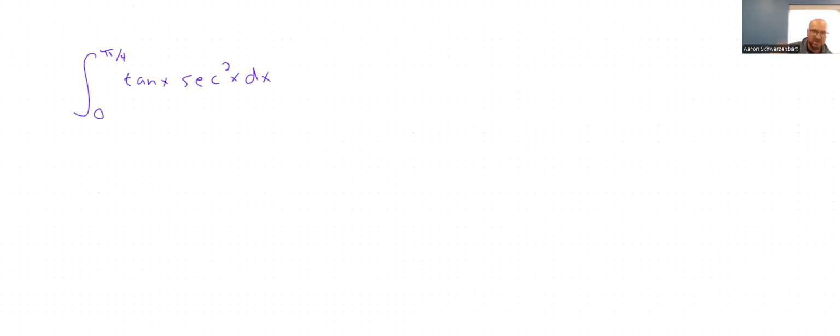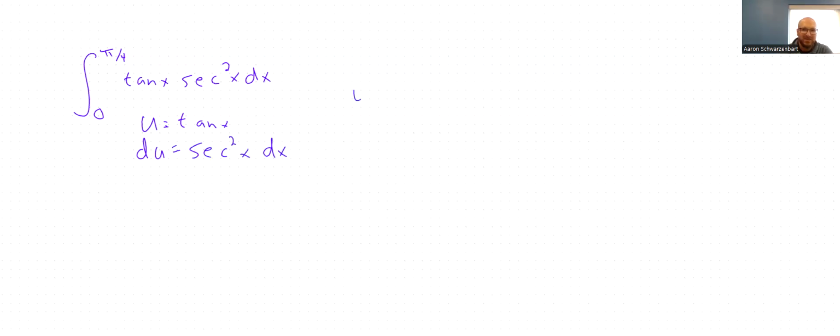There are two ways you could do this, but the easy one is probably using tangent. So u is the tangent of x. Du is then the derivative of the tangent of x, which is secant squared x dx.